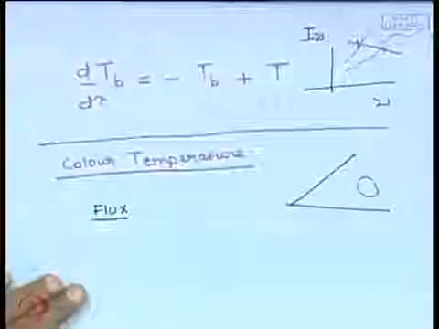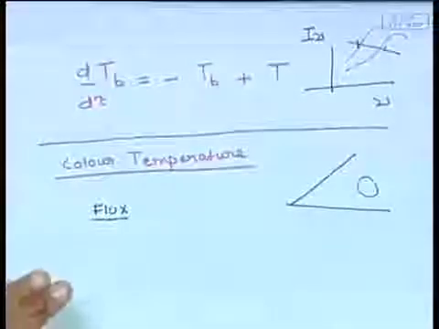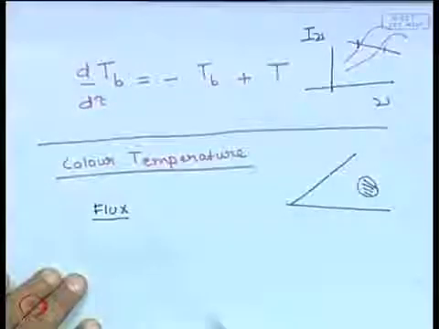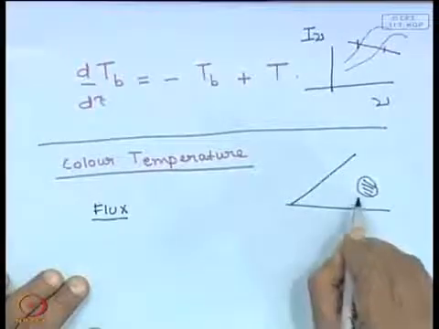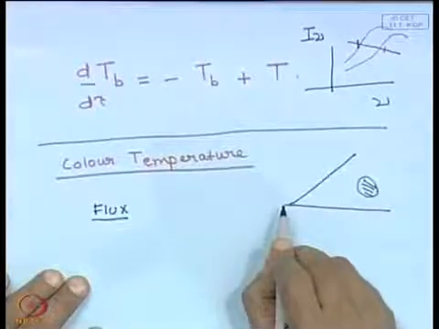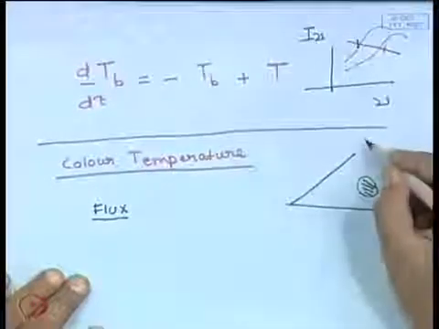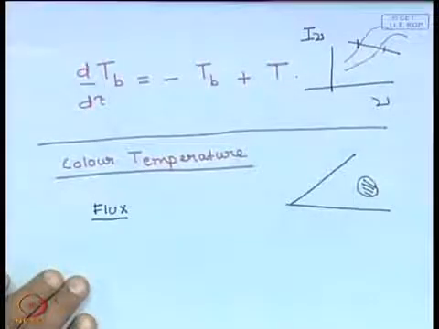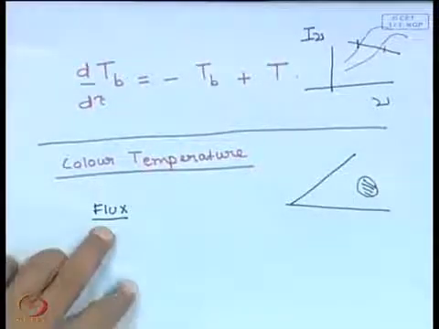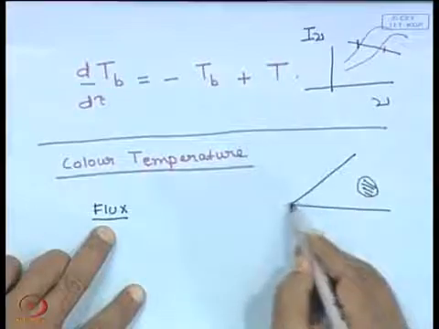Now, what is the specific intensity? The specific intensity is the radiation coming per solid angle. I do not know the solid angle subtended by the source, because the source is smaller than the smallest angle I can measure. So, I can only measure the flux, the total radiation coming from this.